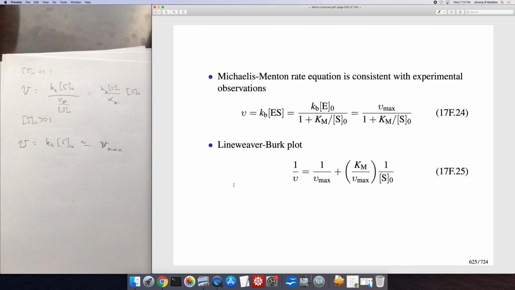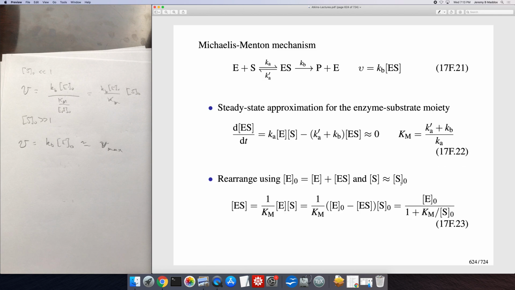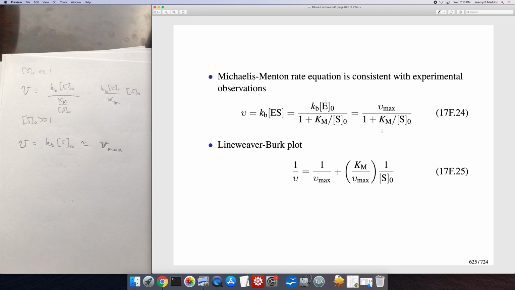And what did I have last? Okay, so the last thing, I'm not an expert on this, but anyway, this is the Lineweaver-Burk plot. If you take 1 over this rate, it flips this guy around, and so you get an expression that looks like this.